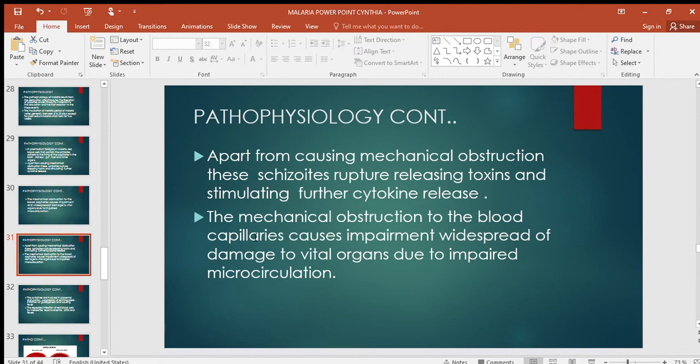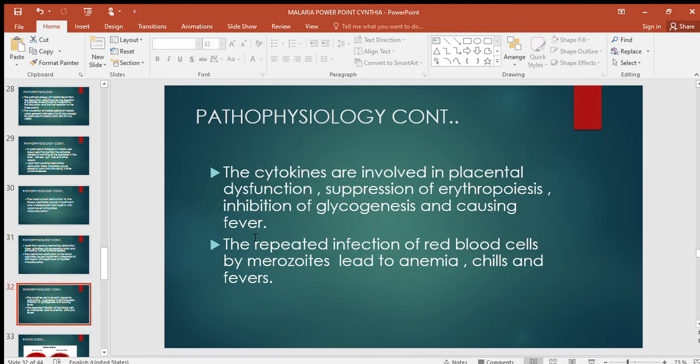So we'll find that the patient will even develop acute renal failure, which will be evidenced by black water fever. It is because of what is happening. There is damage to vital organs due to impaired microcirculation. So this is what happens.